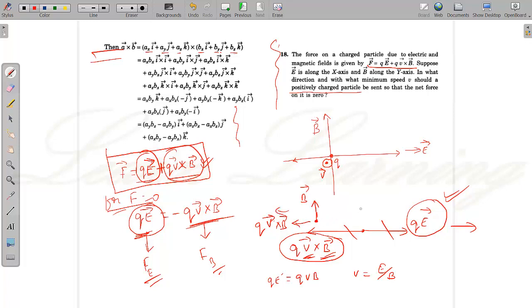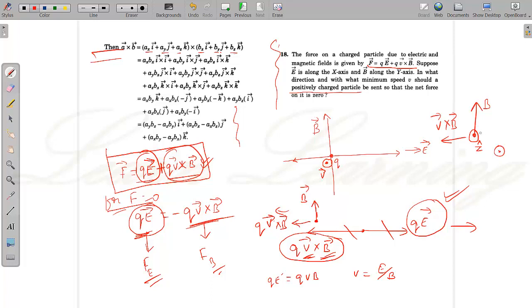Let me tell you. This is the direction of B, already given. If I draw another vector in the z-axis direction, see, this is the z-axis direction, and I have drawn it by this symbol. You can understand that this vector is coming towards you, perpendicular to the plane.